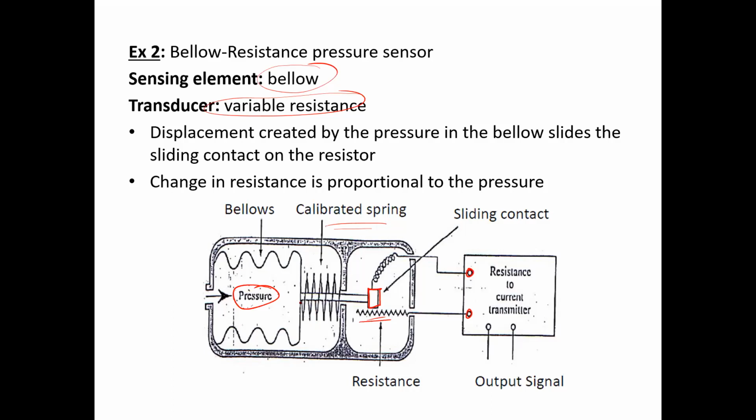So due to the presence of the spring, the change can be gradually transferred towards the change in resistance, so that there is no sudden rise in voltage or current which will result in an overshoot. So these were two resistive type of pressure sensors.